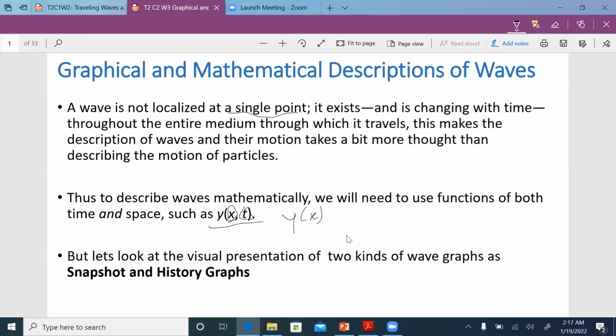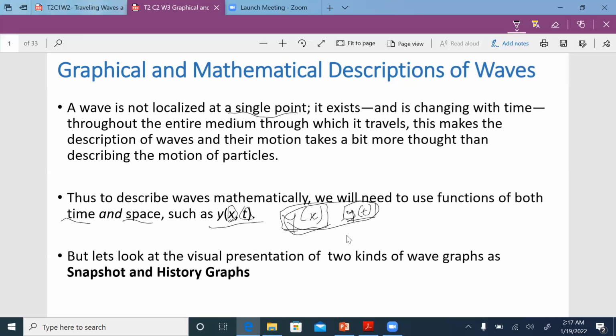When we say that, we mean y, or displacement with respect to position. And when we see y(t), we are referring to displacement with respect to time. So we'll be using this to describe the wave mathematically, saying it's a description of the function of both space and time.